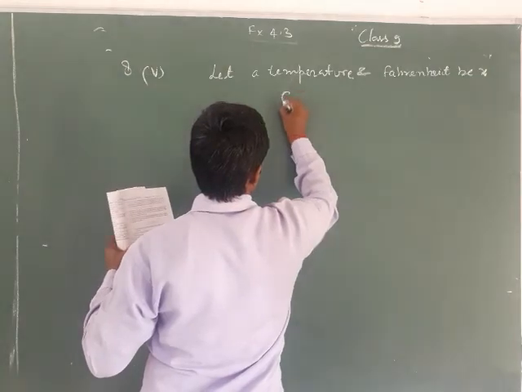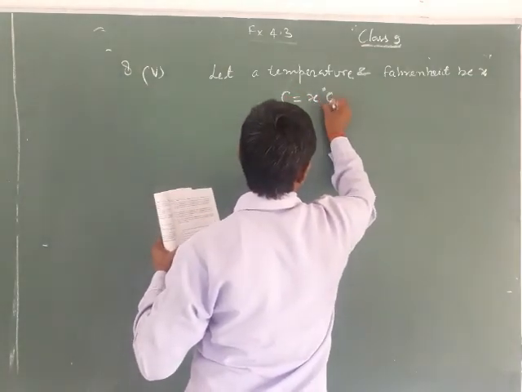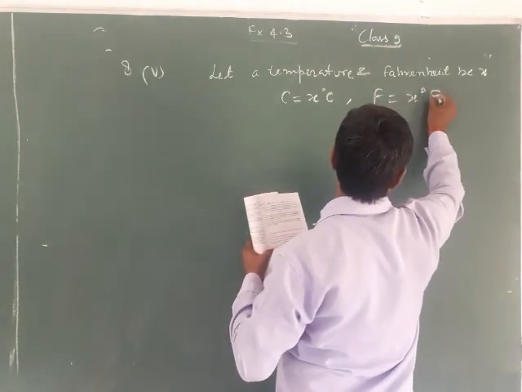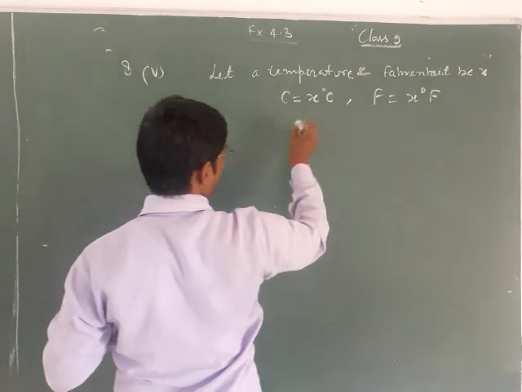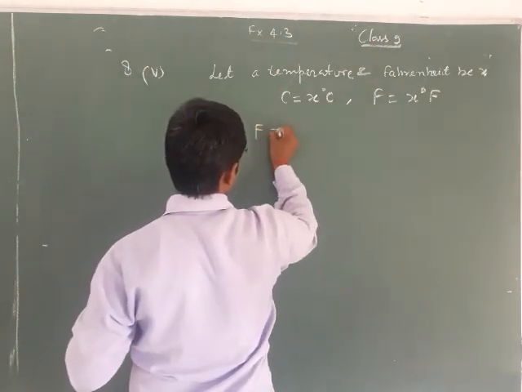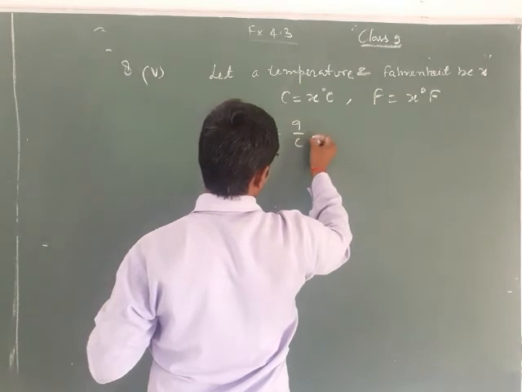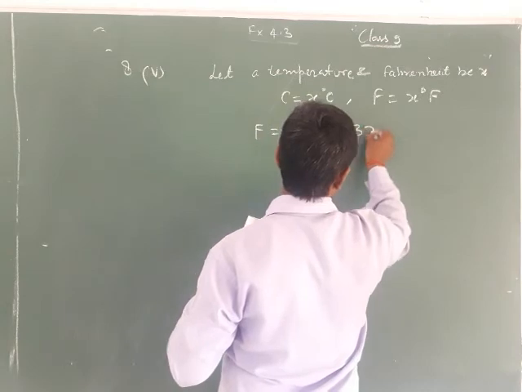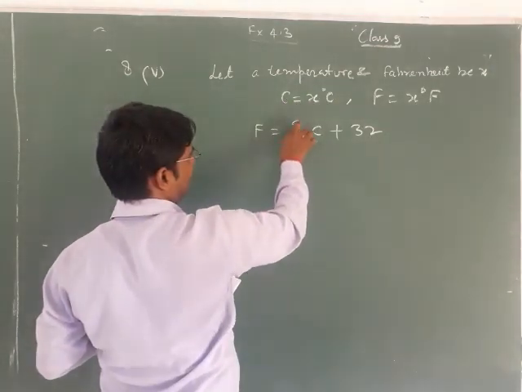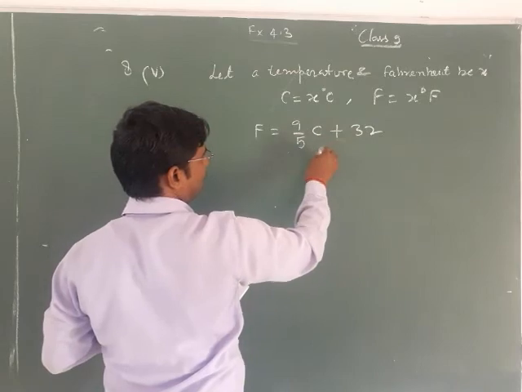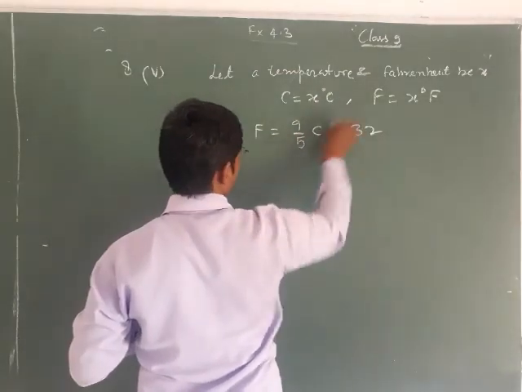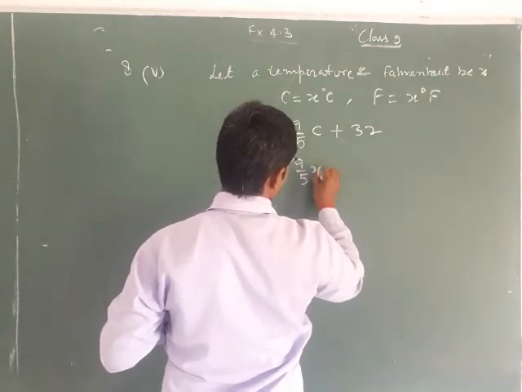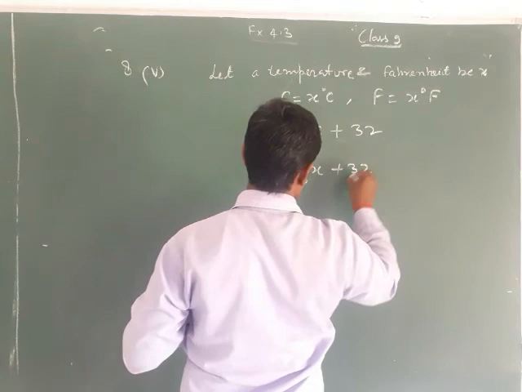So C is equal to x degree Celsius and F is equal to x degree Fahrenheit. Now put these values in the formula. So F is equal to 9/5 C plus 32. So x is equal to 9/5 into x plus 32.